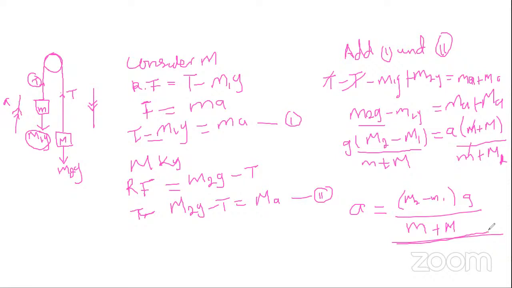Yes. Okay. So supposing they had asked us for the tension, I would get one of these equations and substitute the value of what? Of the acceleration, and then we get the tension in the string. Okay. Yes.